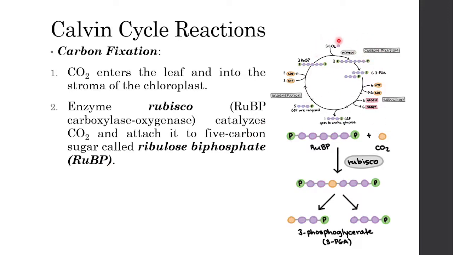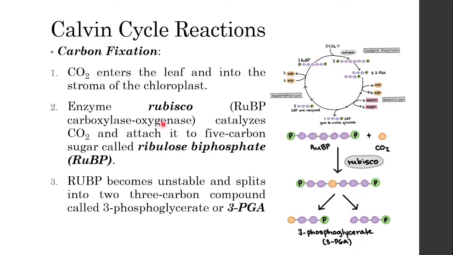So this is the whole process right here. We have our 3 carbons of CO2. Again, for the whole Calvin cycle, we need 3 CO2. Then the Rubisco attaches it to our RuBP, creating a 6-carbon compound. The RuBP was a 5-carbon sugar, 1, 2, 3, 4, 5, but when the Rubisco attaches the carbon found in the CO2, it becomes 6 carbon, 1, 2, 3, 4, 5, 6.